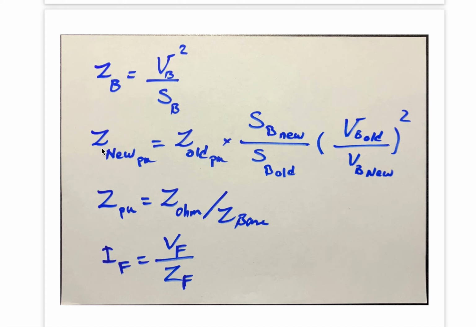The new per unit impedance equals the old per unit multiplied by the new common base power divided by the old power, which is actually the rating of the device, multiplied by the old voltage divided by the new base voltage, squared.